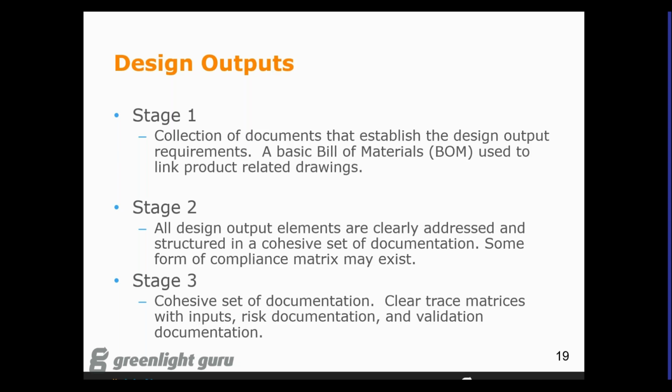And here it's to demonstrate that you've satisfied all the design inputs. Some form of a compliance matrix is an effective way to demonstrate you've satisfied that. And here I see more companies starting to have some sort of a compliance matrix.